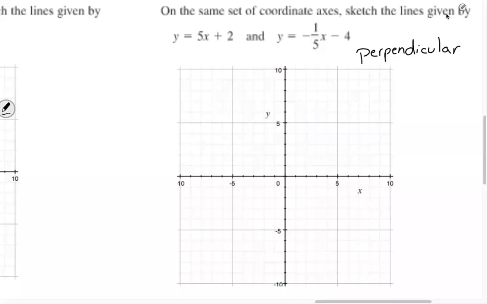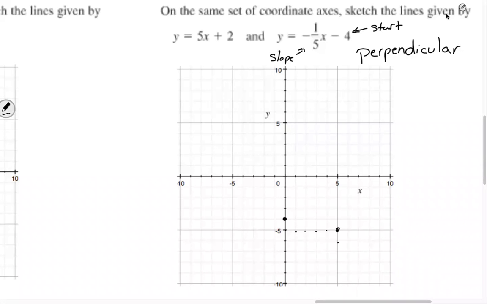Okay, so here we go. Let's graph this one. We're going to start at -4. Then this says we go down 1, to the right 5. 1, 2, 3, 4, 5.